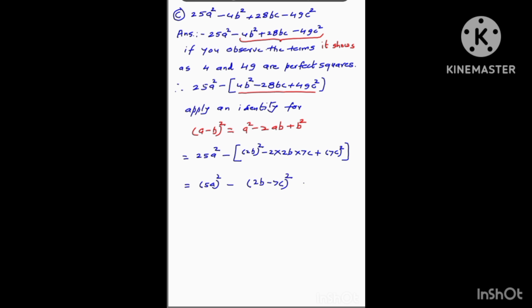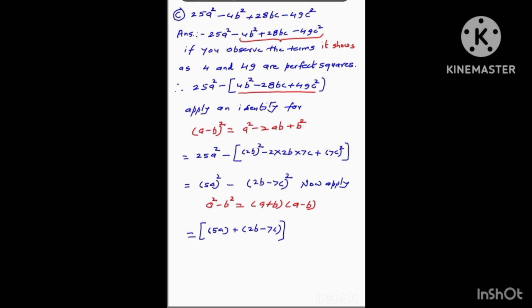Now another identity. This is of the a square minus b square type. Use that identity. I told you earlier that you might have to use 2 or 3 identities. Presently I think you don't have to apply 3 identities. Till now we have only applied 2 identities in a problem. So this is the second one. A square minus b square equals a plus b into a minus b. Apply it. 5a is one term and 2b minus 7c is another term.